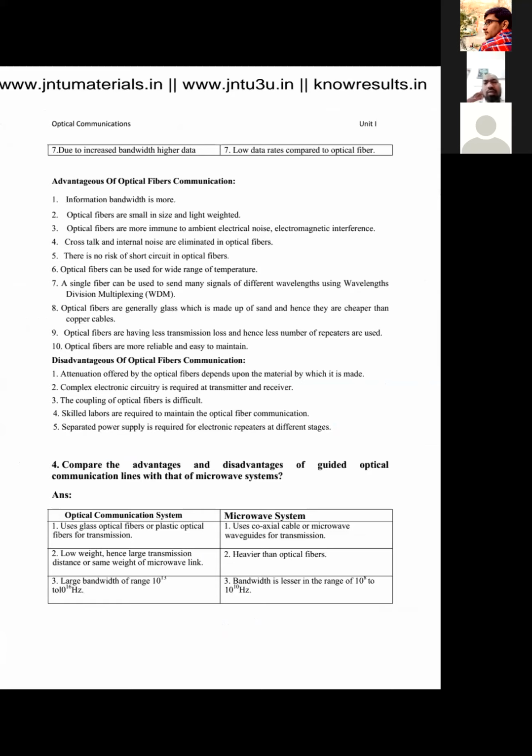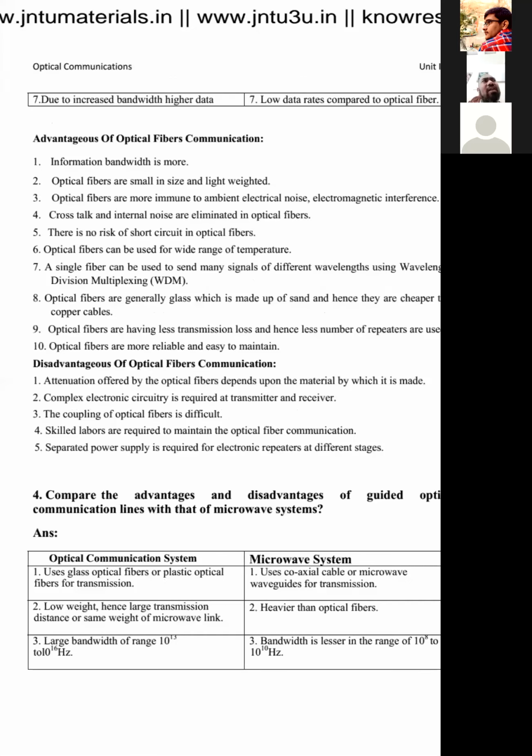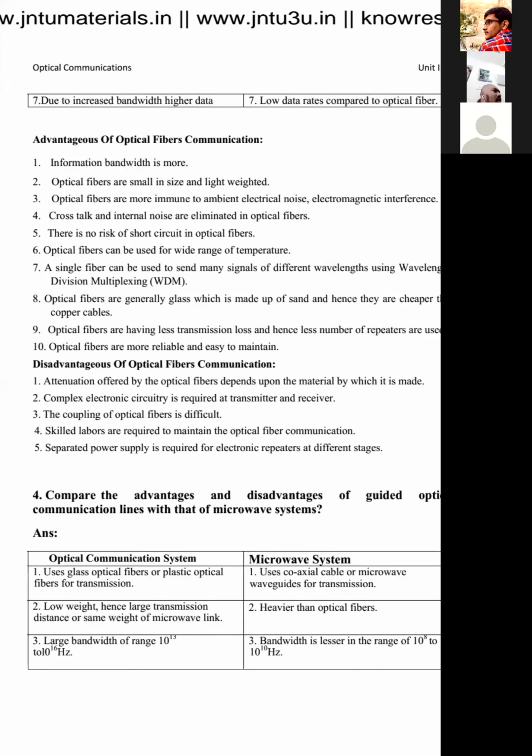Again, he's asking what are the advantages and disadvantages of optical fiber communication systems. Once again, I will repeat those points which I have studied. We have studied around 7 points now. First, they operate at a high range of frequencies from 10 terahertz to 10 petahertz. They have less weight.